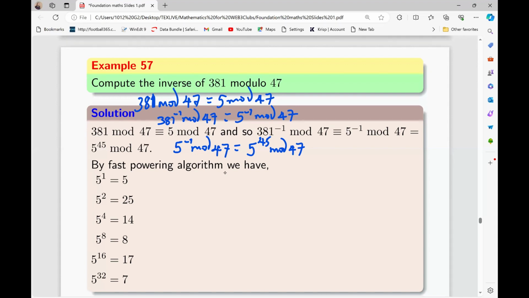So we begin. What is 5 raised to 1? That'll be 5. 5 raised to 2 will be 25. So you're squaring this line to get the next line. We are doing it mod 47. The number before the mod is small, so just leave it the way it is. Let's square this line to get the next line. 5 raised to 4 will be 625.